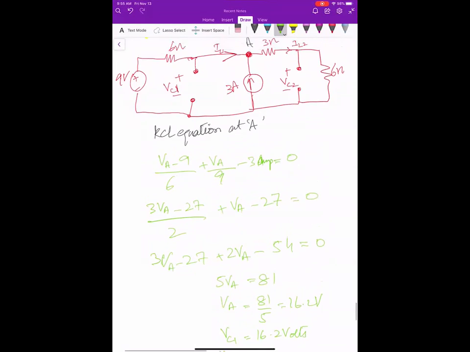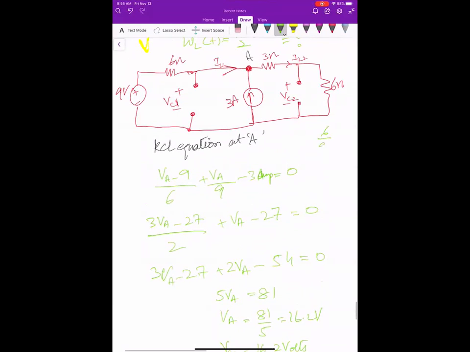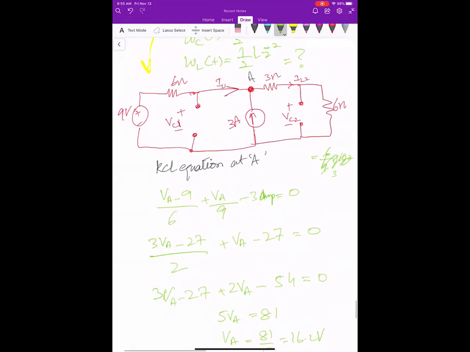How did you do the voltage division? This should be 6 by 9 into 16.2, right? Oh, I switched them. I had the 3 on top. It's okay. Yes, it should be voltage division because these are resistors in series, and VC2 is the voltage across 6 ohms.